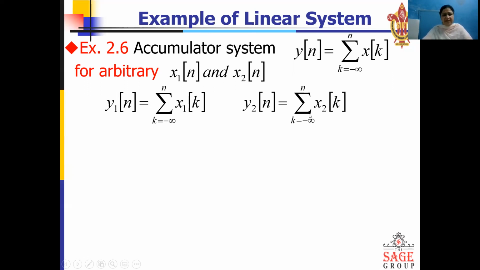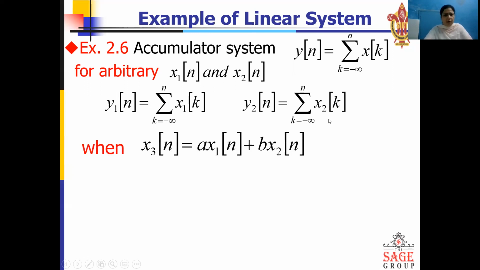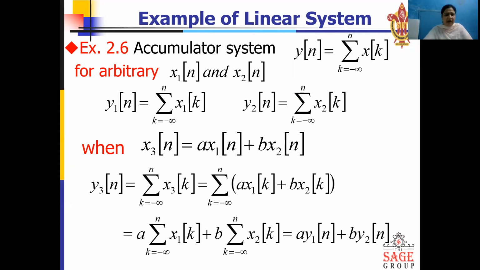Similarly, y2[n] is given by the summation from k equal to minus infinity to n of x2[k]. Now, when I give the combined input a x1[n] plus b x2[n], the output is given by the summation from k equal to minus infinity to n of x3[k], which is a x1[k] plus b x2[k].